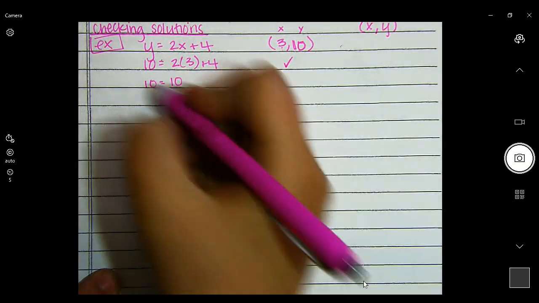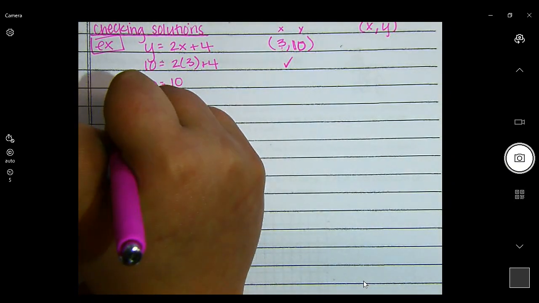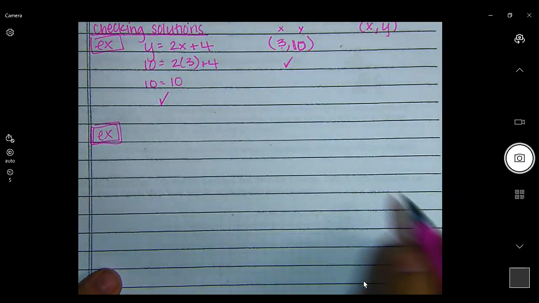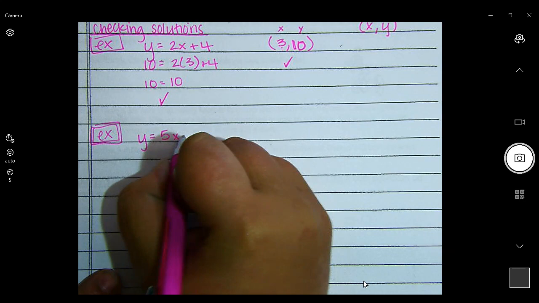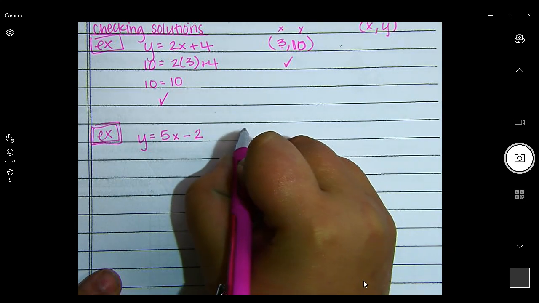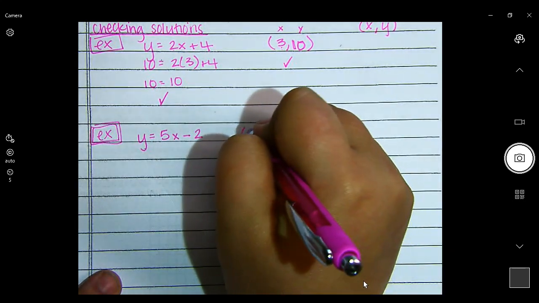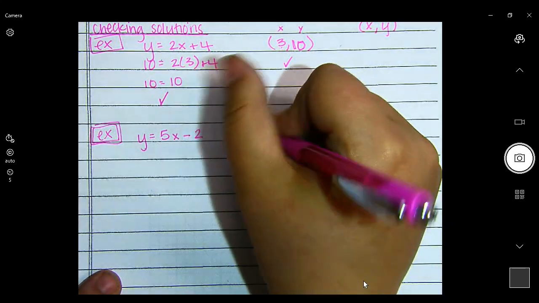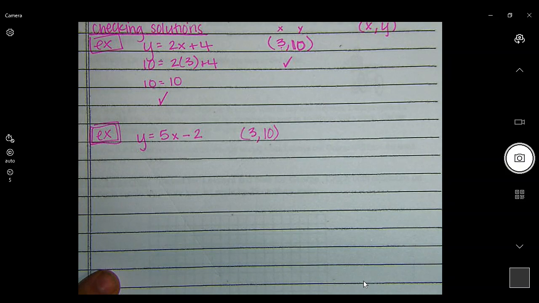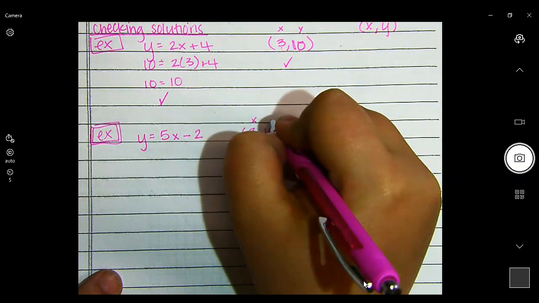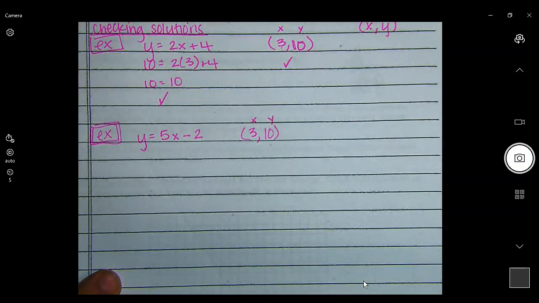All right, let's try another one. y equals 5x minus 2 for the solution (3, 10). Okay, we'll just keep the same solution again. So again, x and y.